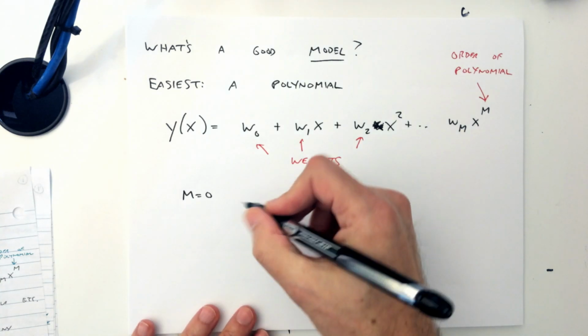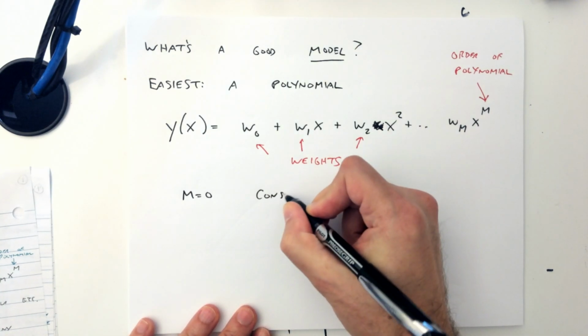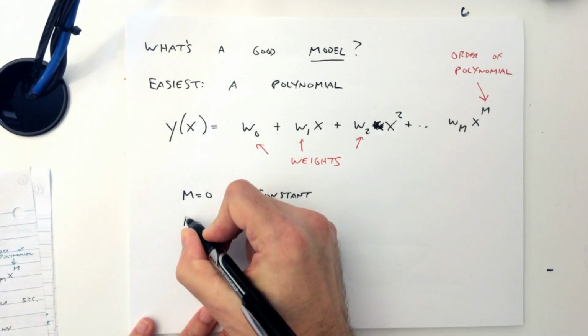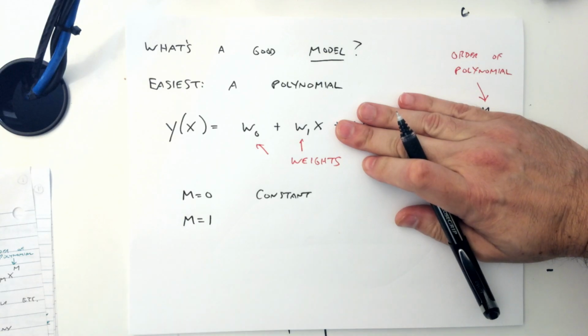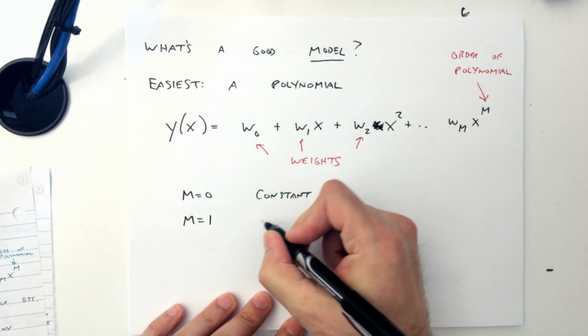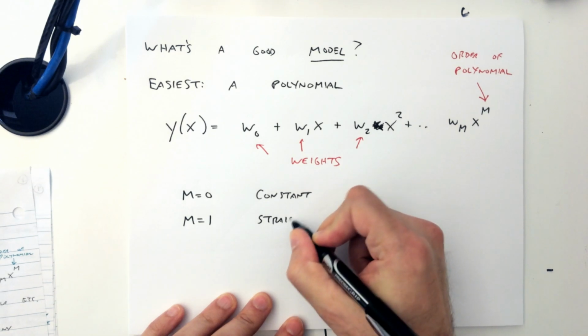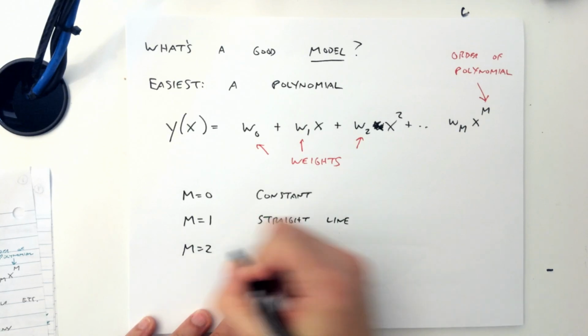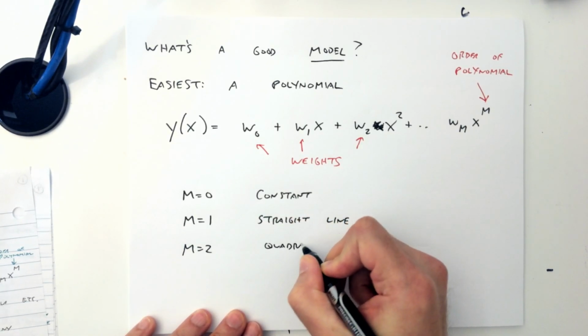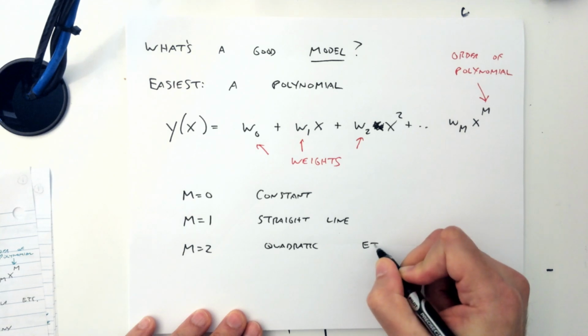That means I basically have a constant, right? If m equals 1, what I have is this part, which is basically a slope-intercept thing. So this is just a straight line. And so on. m equals 2 is a quadratic function, etc.